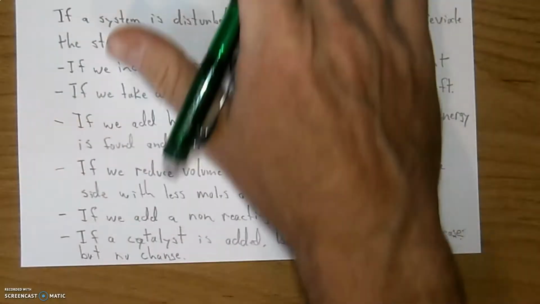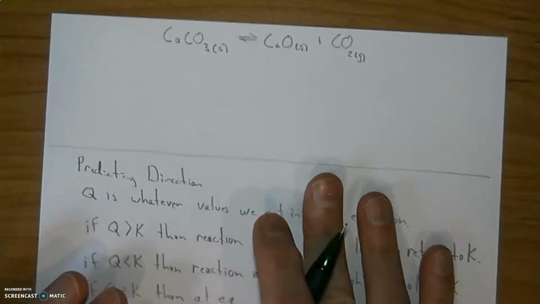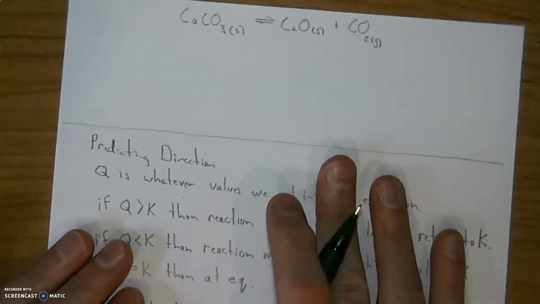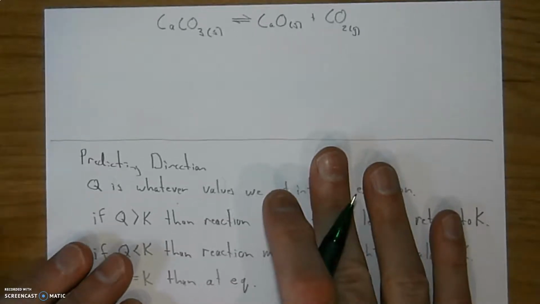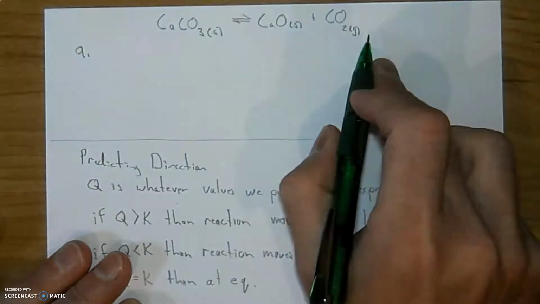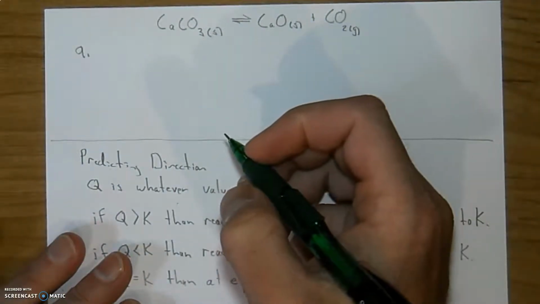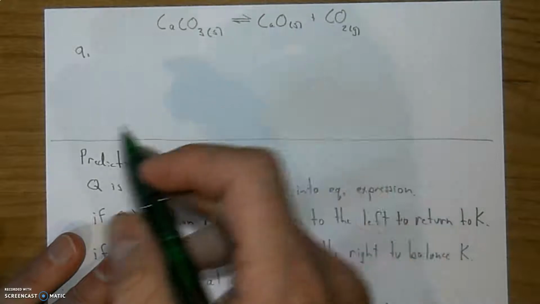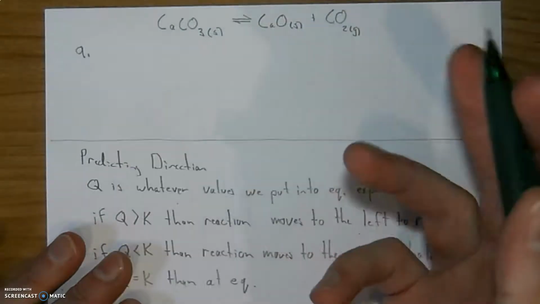All right, let's bounce back to this top problem we were looking at the beginning, and we should be able to take this on a little more easily. We have this expression here, and the question is, can we make this reaction move, or will it move?